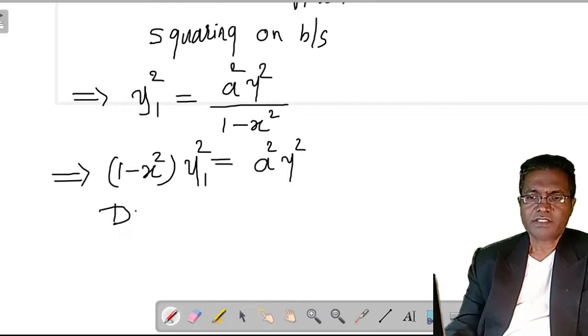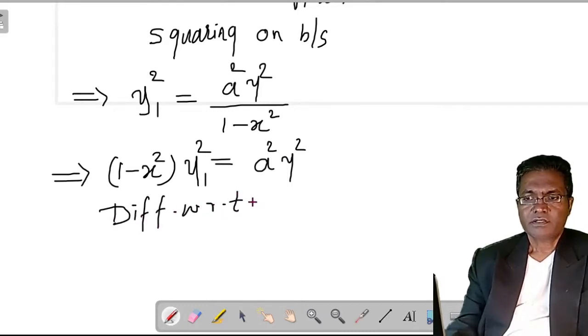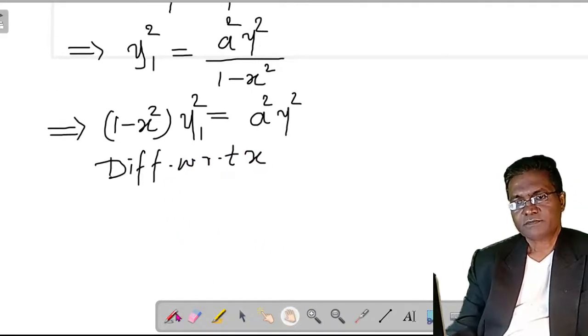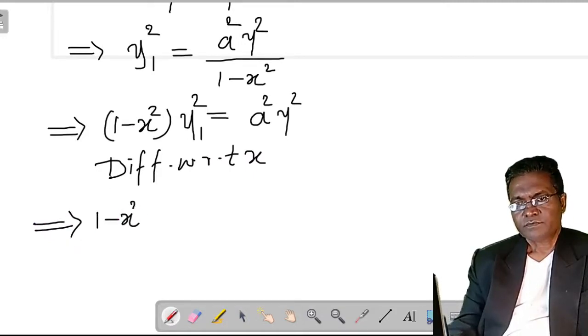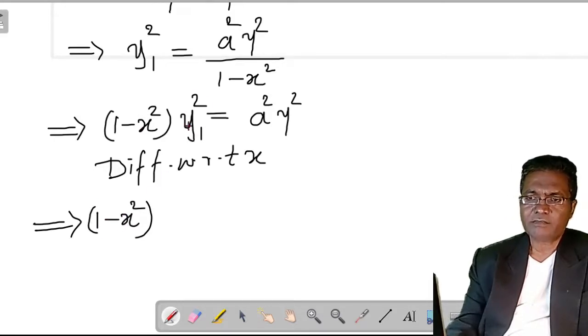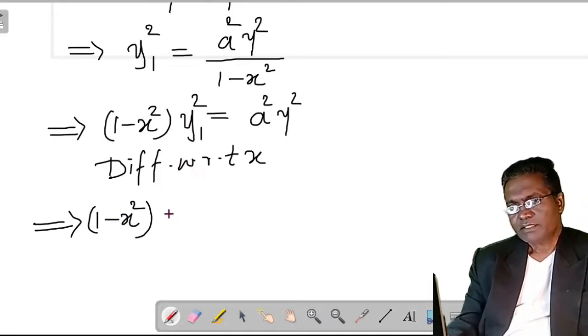Now you can differentiate with respect to x. Okay, carefully. 1 minus x square into, I told you in the last example, what is the derivative of y1 square? It is 2y1 y2.